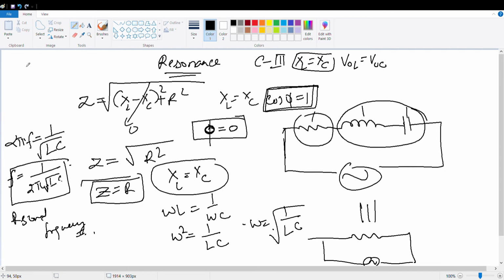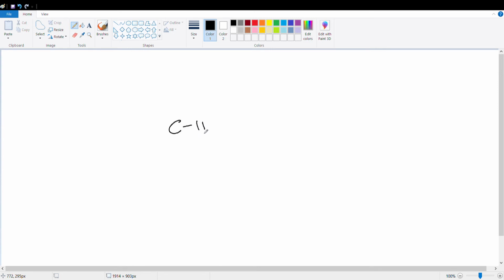So the case 3 LCR circuit is nothing but it acts like a purely resistive circuit. Am I correct? Yes.